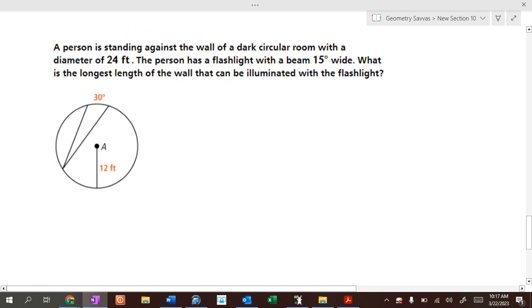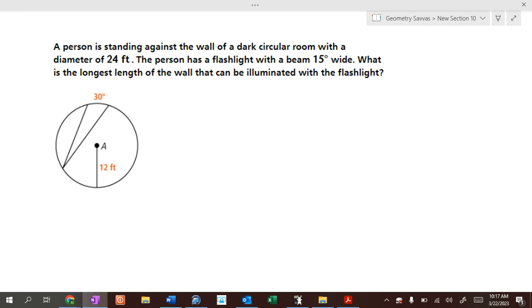Okay. So, a person is standing against a wall in a dark circular room with a diameter of 24 feet. The person has a flashlight with a beam 15 degrees wide. What's the longest length of the wall that can be illuminated with the flashlight?